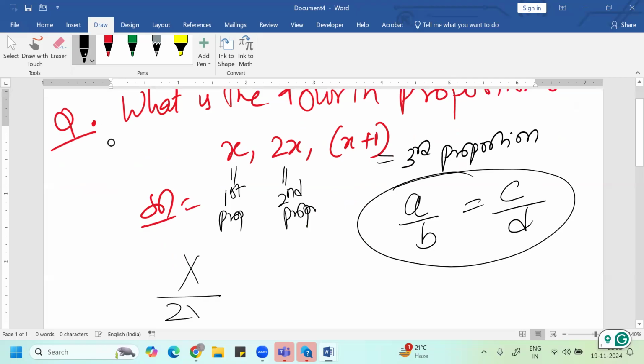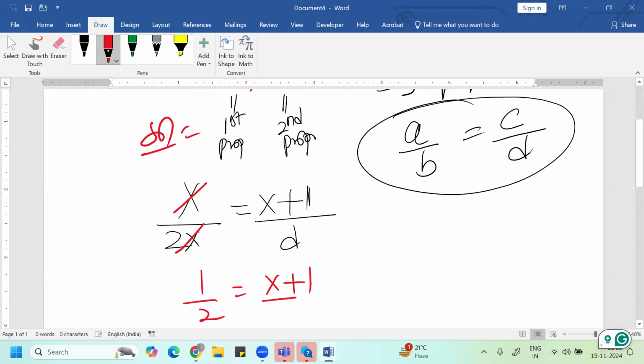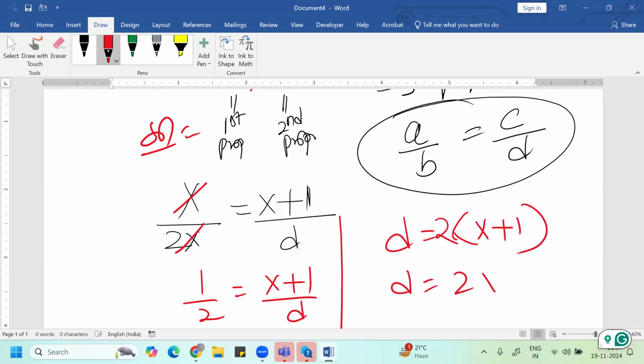Second? 2x. Third? x plus 1. Fourth? That is your D, and that is what they're asking you. So simple, guys, this x and x get cancelled. What is left? 1 by 2 is equal to x plus 1 by D. So D is equal to 2 into x plus 1, or D is equal to 2x plus 2. This is your answer.